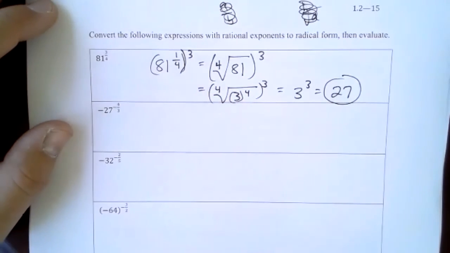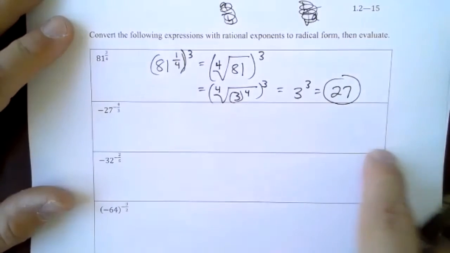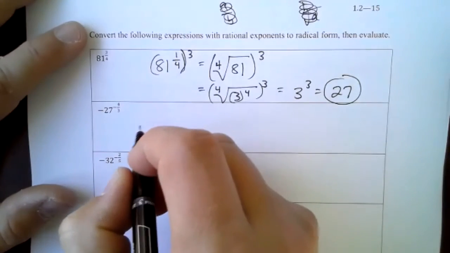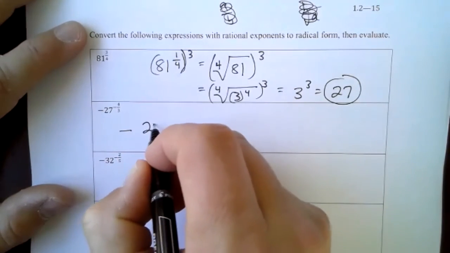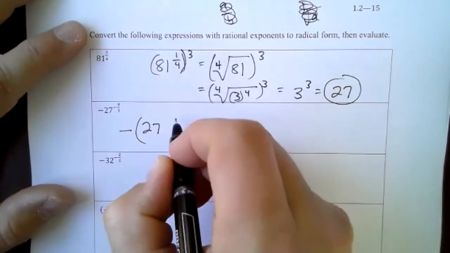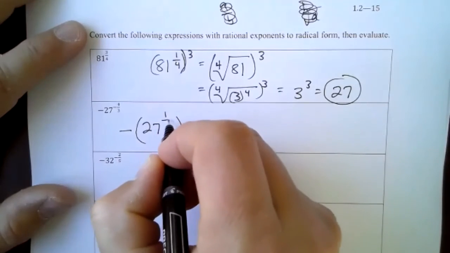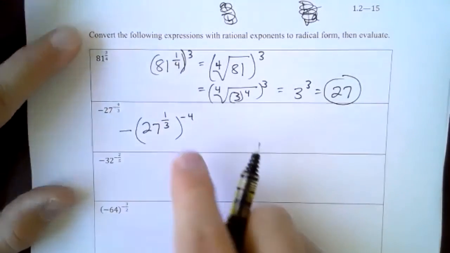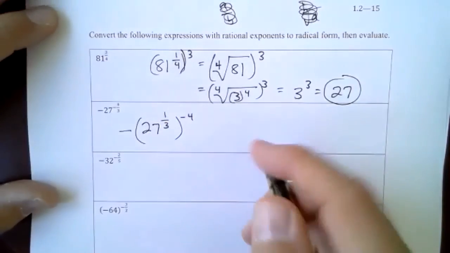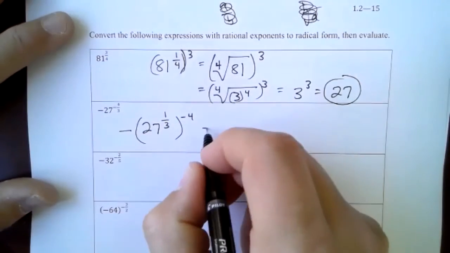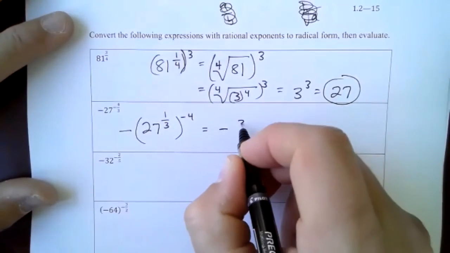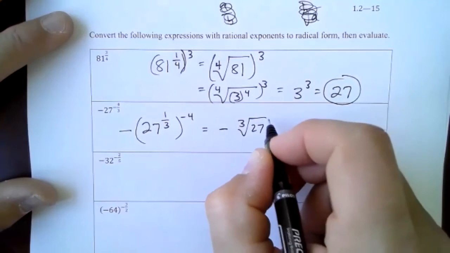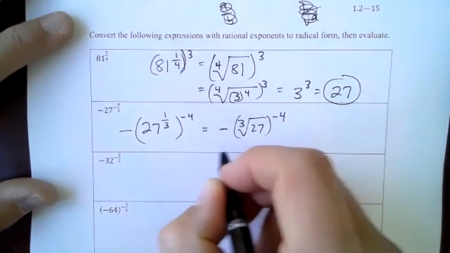I don't know if we have enough time to do one more, but if not, I'll just do this until the end, okay? So negative stays out. I'm going to raise this to the 1/3 power and then put that -4 out to the outside. I'm shoving all the negatives outside and dealing with this on the inside, okay? So negative cube root of 27, raised to the -4th power.